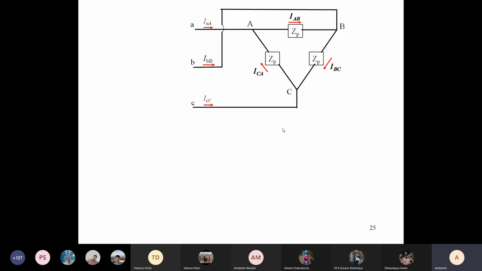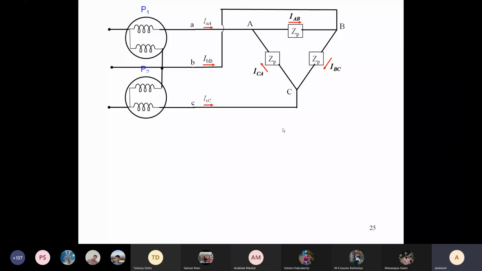Now, what we intend to do is to measure the power, and as I told you, we need to optimize the cost. So we put 1 wattmeter in the A phase and another wattmeter in the C phase, and the voltage coils are connected to the B phase. We have put 1 wattmeter, that is P1, in the A phase.